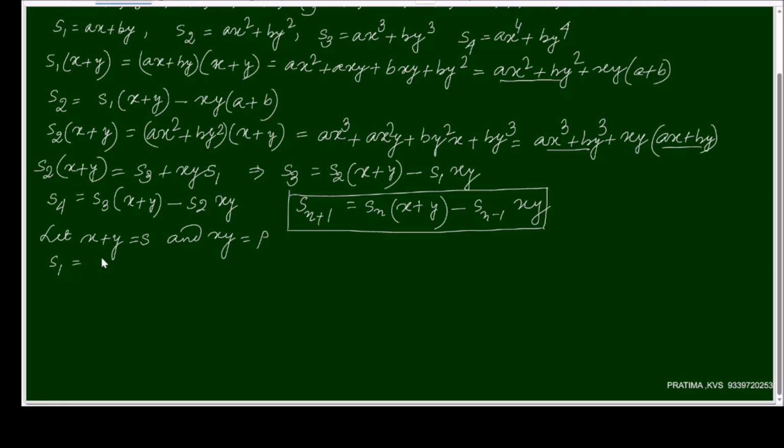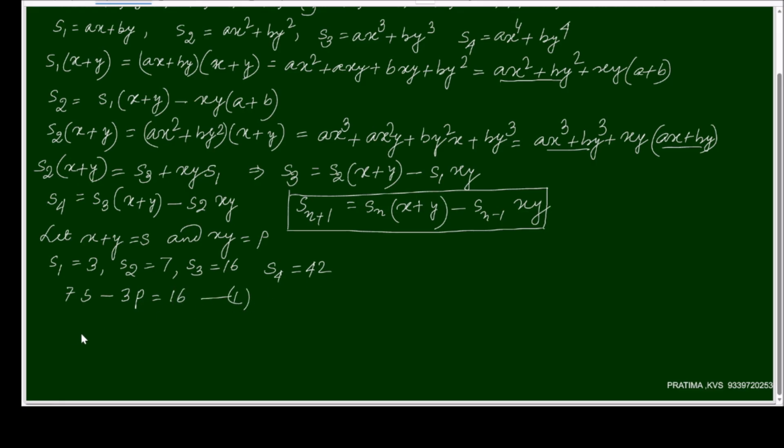S1 equals 3, S2 equals 7, S3 equals 16, and S4 equals 42. Then the equation for S3: 7s minus 3p equals 16, equation 1.